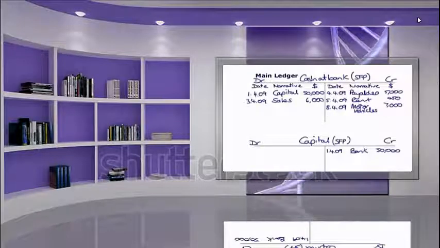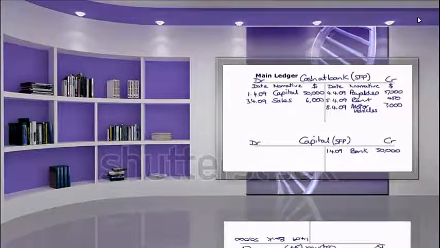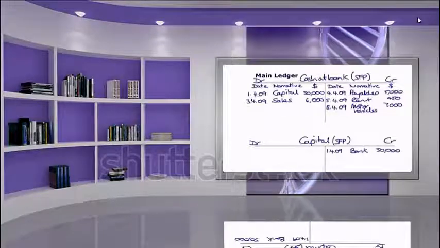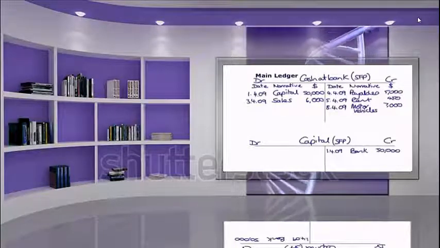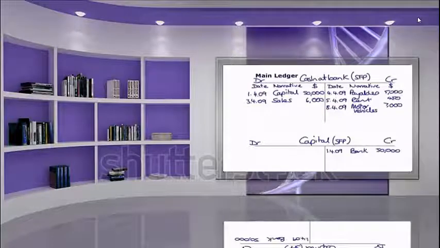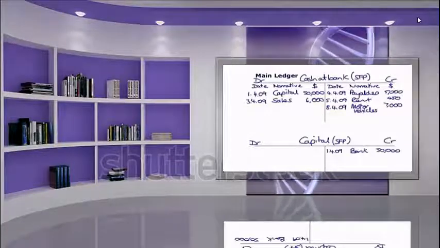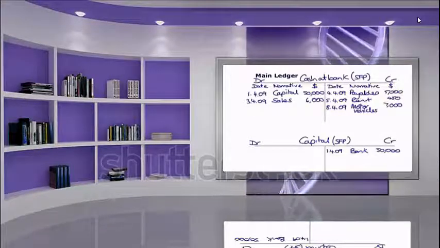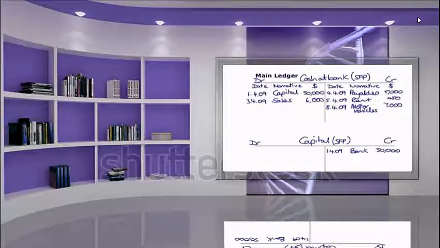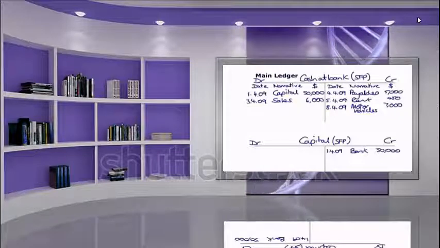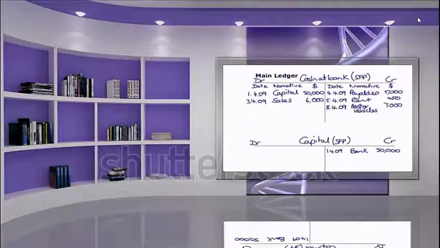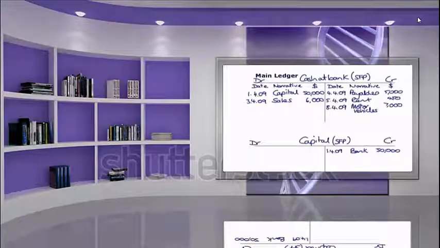So what we need to do at each period end, which is usually the month end, but in this case it will be the 2 weeks ended, what we need to do is now close off the ledger accounts and balance those ledger accounts to give us more information to help us prepare those financial statements. Remember, our ultimate goal is to prepare the financial statements, the statement of financial position and the statement of comprehensive income.